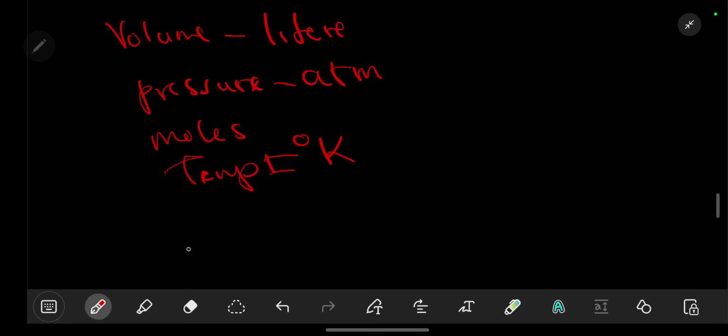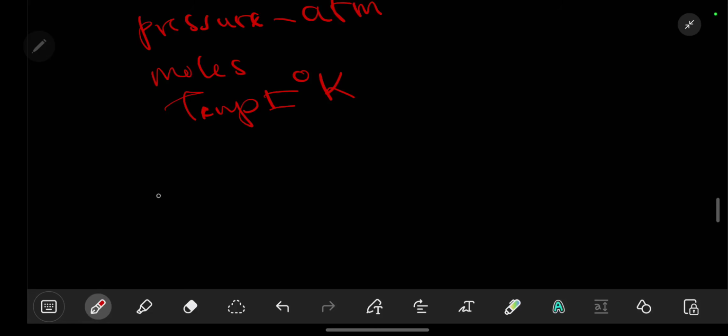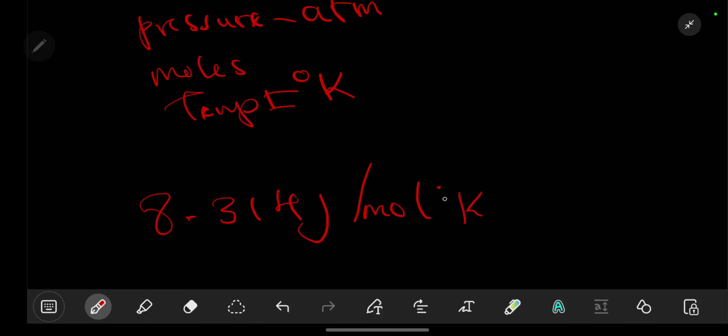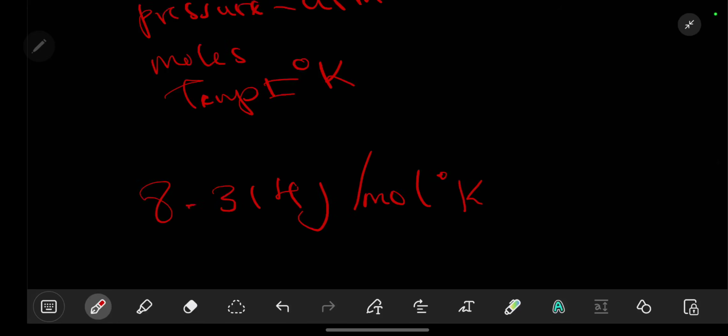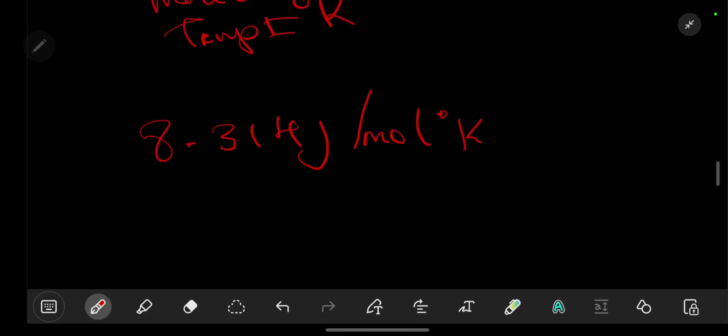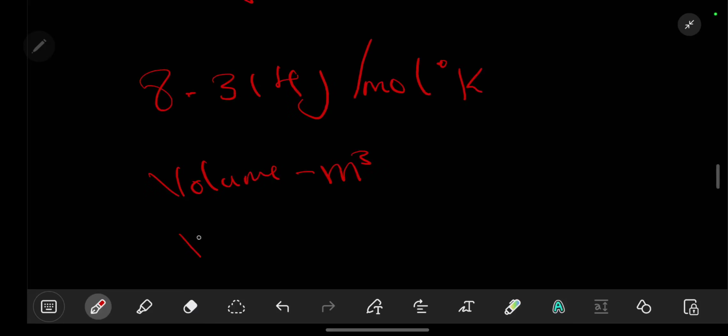The other universal gas constant is 8.314 joules per mole per Kelvin. For this one, your volume has to be in meters cubed and the pressure has to be in pascals.